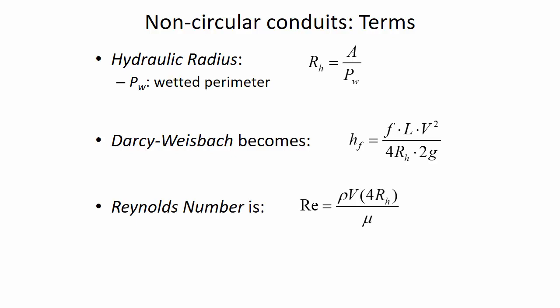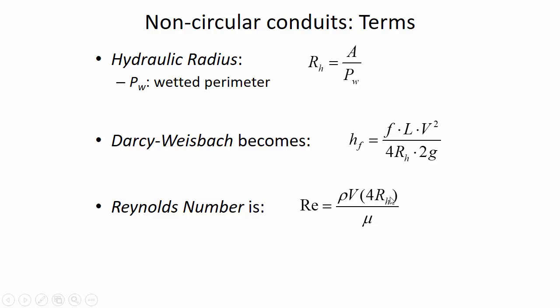Reynolds number, for example, we've used Reynolds number on the Moody diagram, or the Reynolds number goes into the Swamee-Jain equation to calculate f. And so instead of the density times velocity times diameter divided by the viscosity, it would be just 4 times the hydraulic radius.